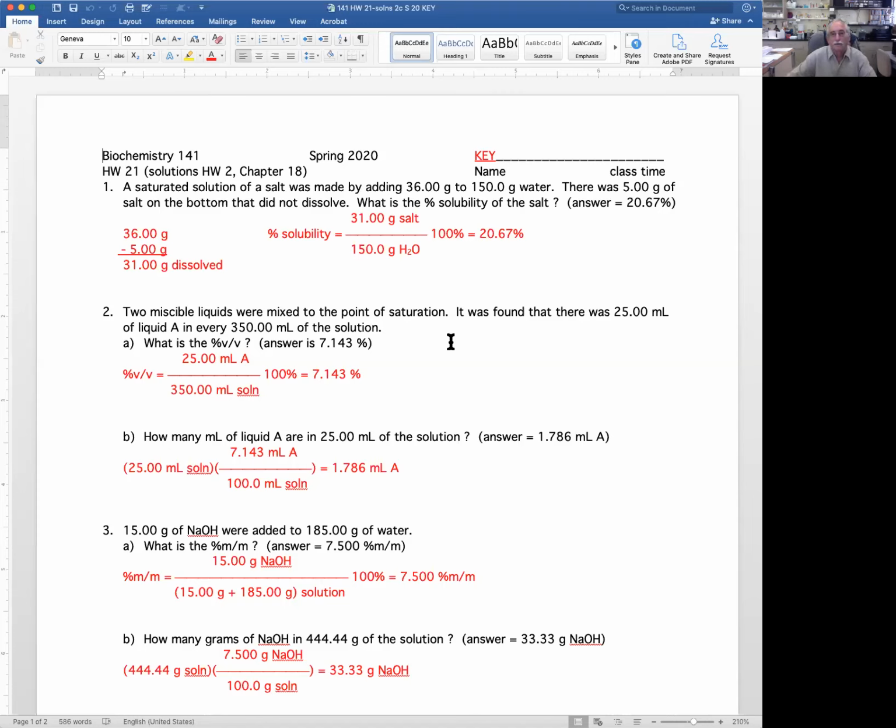They found that 25 milliliters of liquid A could dissolve in every 350 milliliters of the solution. So what is the percent volume per volume? Well, we got 25 milliliters of A dissolved in every 350 milliliters of the solution. Then turn that into parts per 100, it's about 7%.